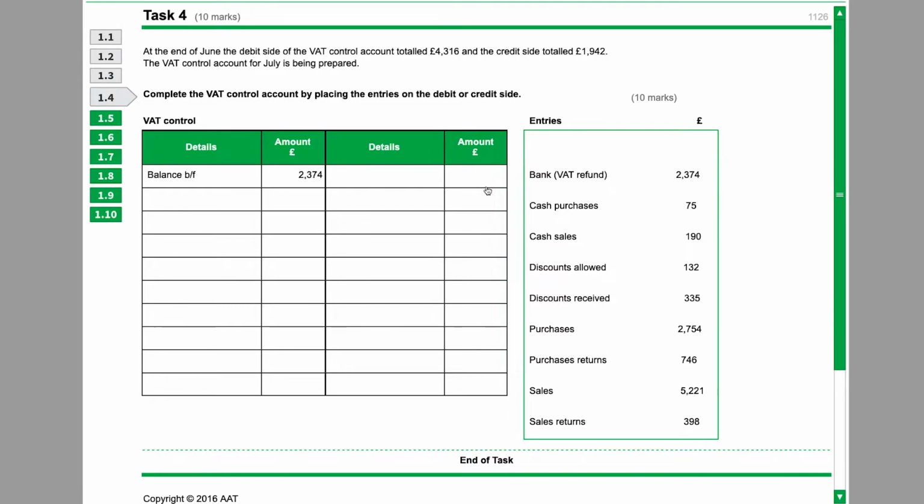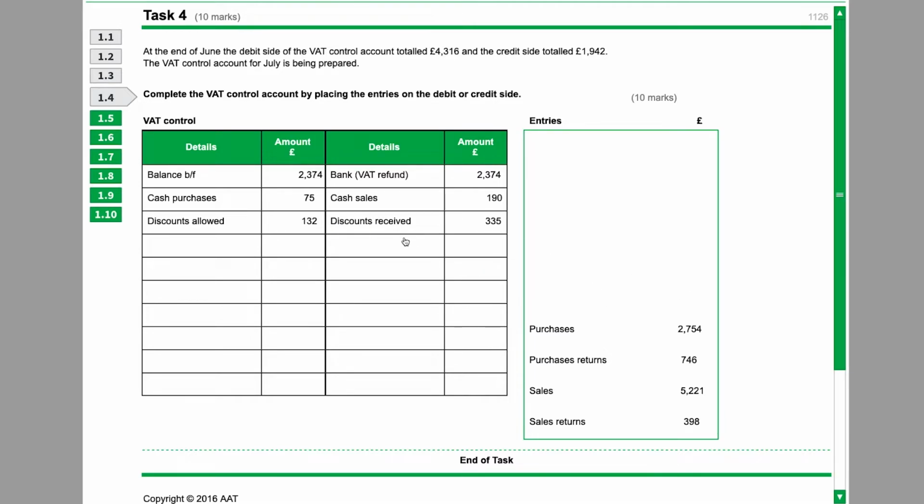Then the VAT refund would go on the credit side. So the entry for this would be to credit the VAT control and debit the bank as it's money coming in. Then cash purchases would go on the debit side, cash sales on the credit side. Discounts allowed is an expense and therefore would go on the debit side.